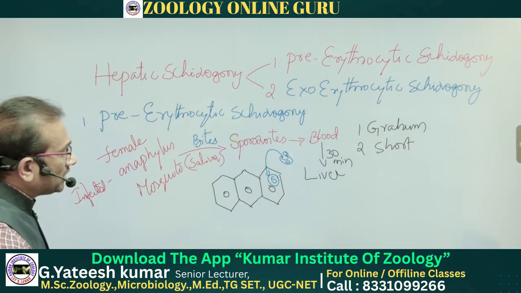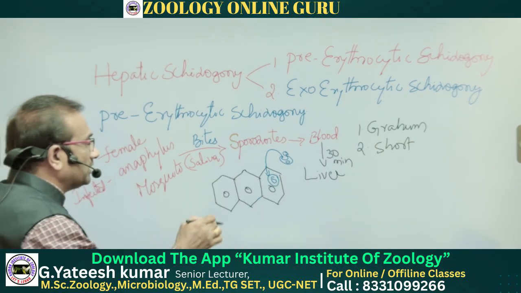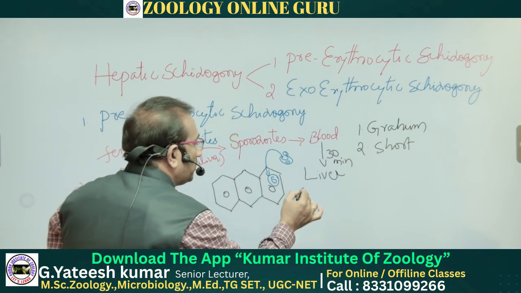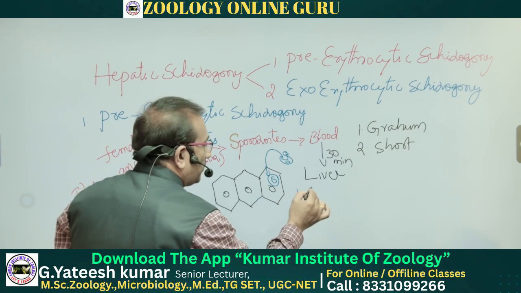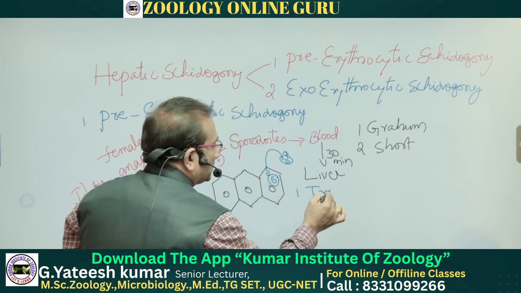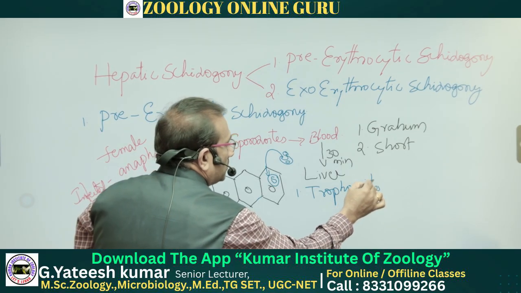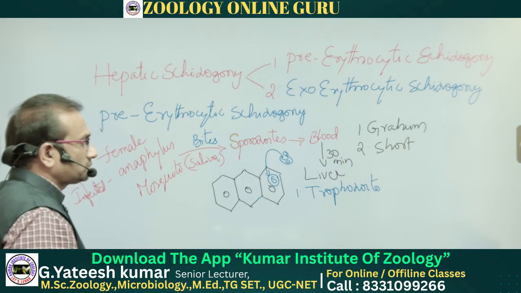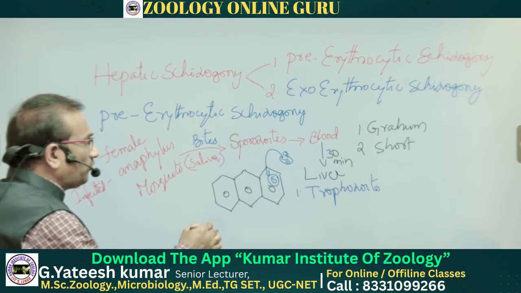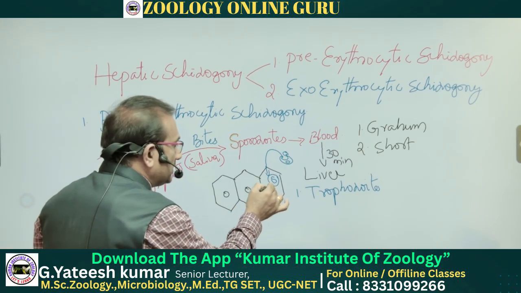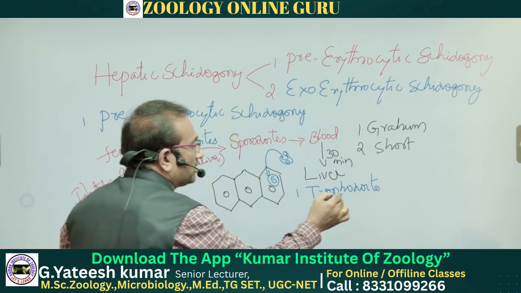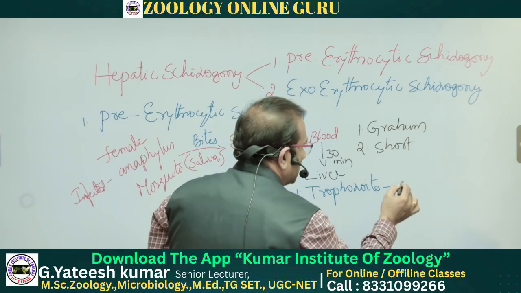After entering the liver cells, this sporozoite is first converted into a trophozoite. Trophozoite means it increases in size by taking food material from the liver cells.